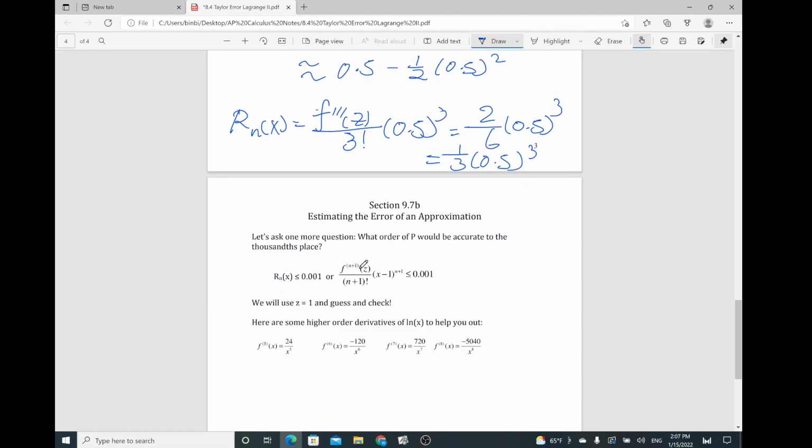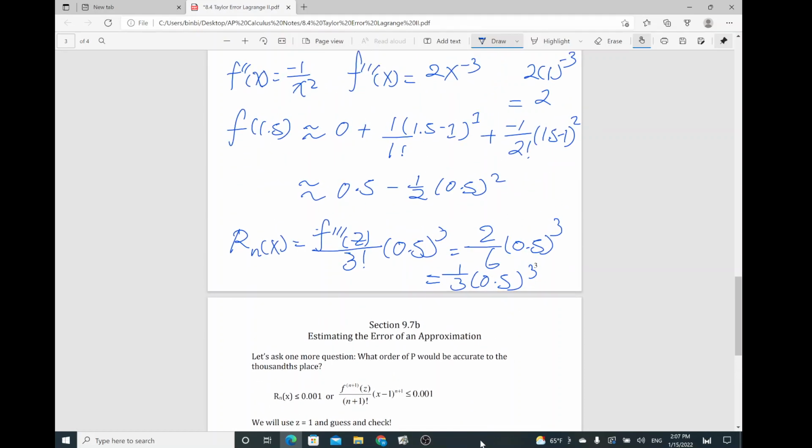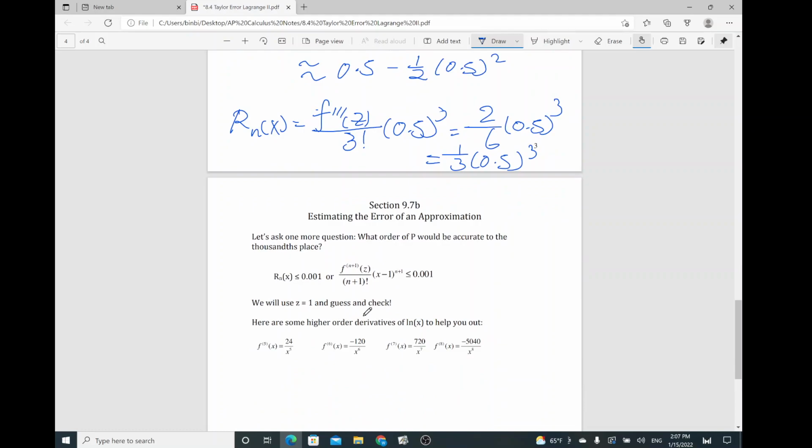So again, the last thing I want to go over once more, let's ask more questions. What order P would be accurate to the thousandths place? You want to find anything that's less than 0.001, which means you want to expand the polynomial even further. We would use that z equals 1 to find the derivative, because if you plug in 1 for the value of x, it's easier to evaluate the number to get the maximum error.